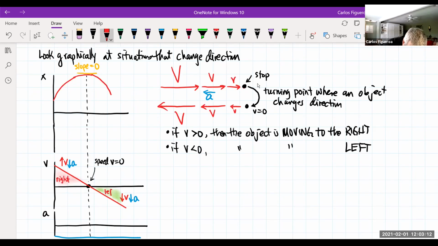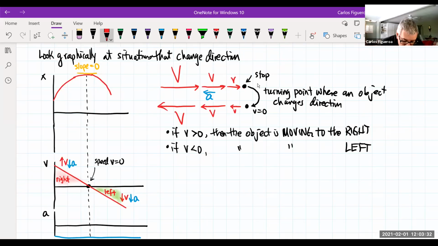This region is telling you you're moving to the left. So any negative velocity on a curve means you're moving left. Any positive value for the velocity, you're moving to the right. But note, the slope is 0, meaning the velocity is 0 right there.